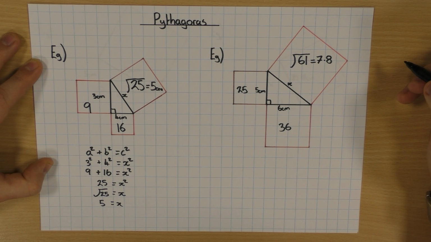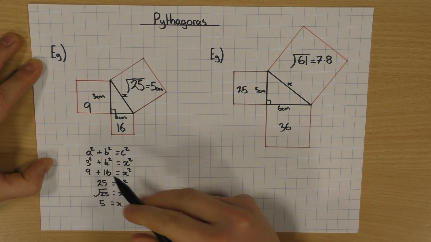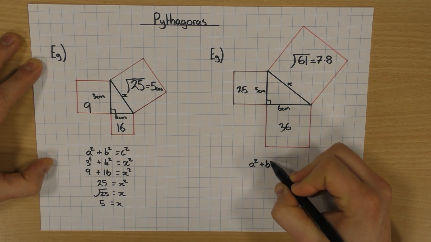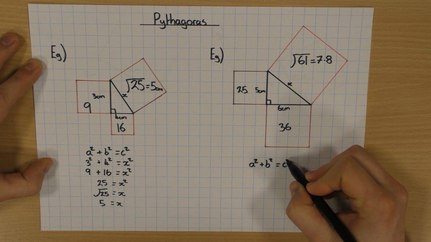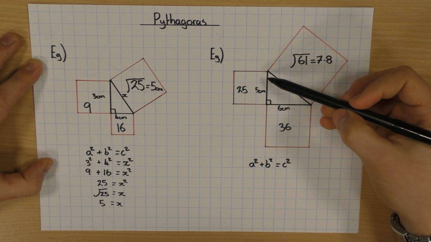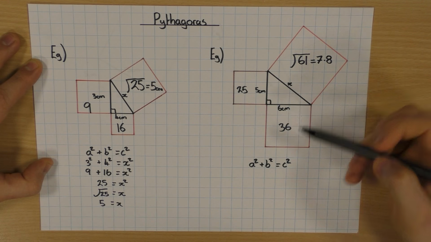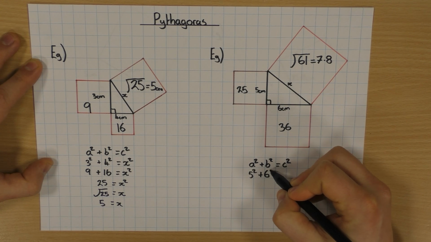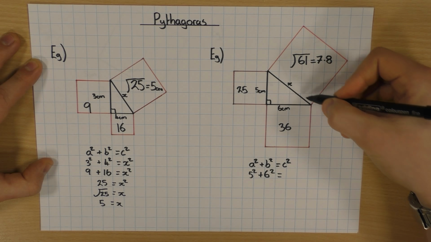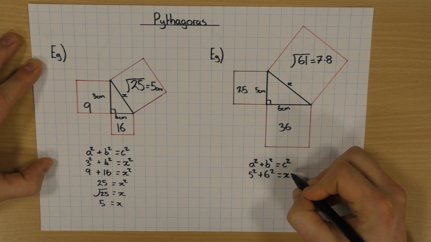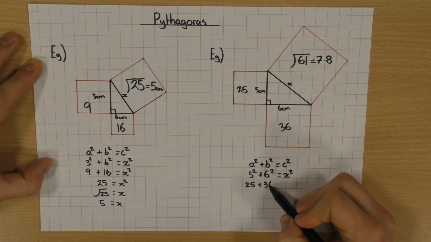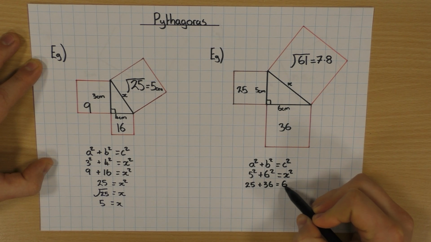Again, if I was to do it the other way and use the formula, a squared plus b squared equals c squared. Substitute in the values for the smaller lengths, well, 5 and 6, so 5 squared plus 6 squared. And again, in this case, the length there is called x, so x squared.